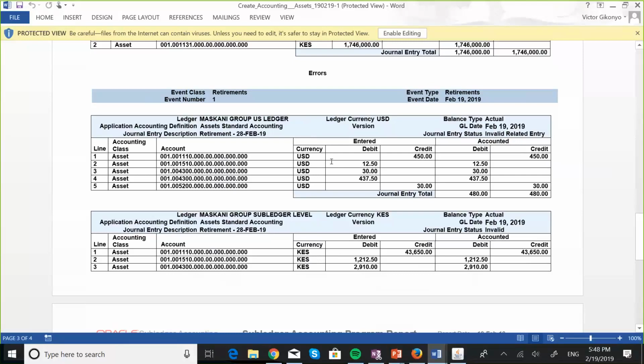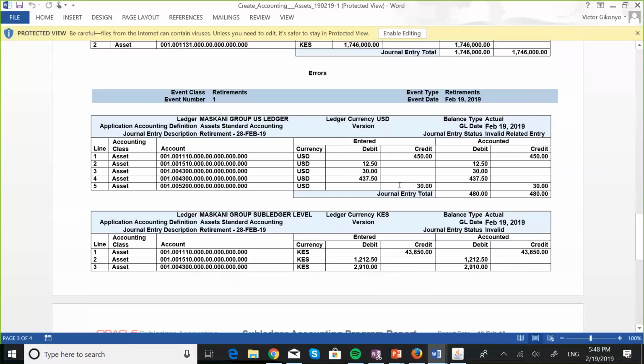We had cost of removal. Cost of removal clearing is this 5200 account here, which you see as being credited.